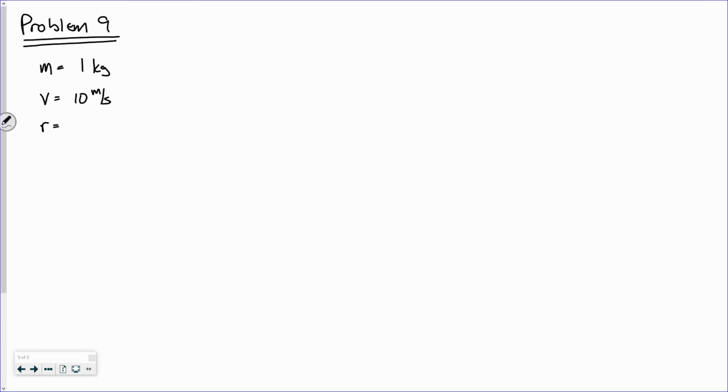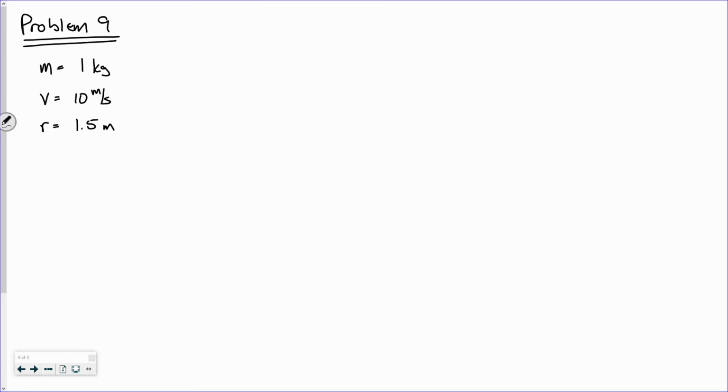traveling at a radius of 1.5 meters. Okay, so I'm trying to figure out where it is in the new manual now. So they've changed everything. Okay, here we go.